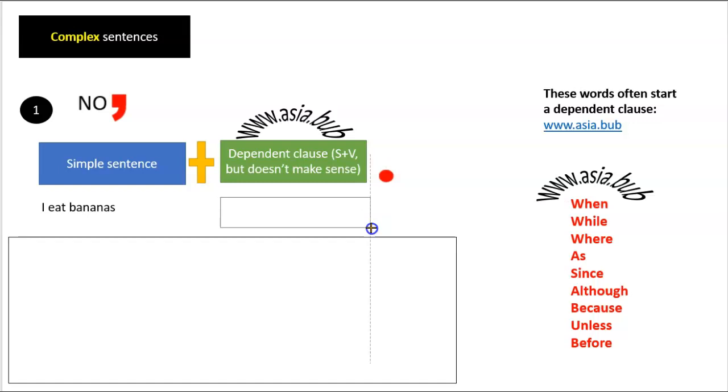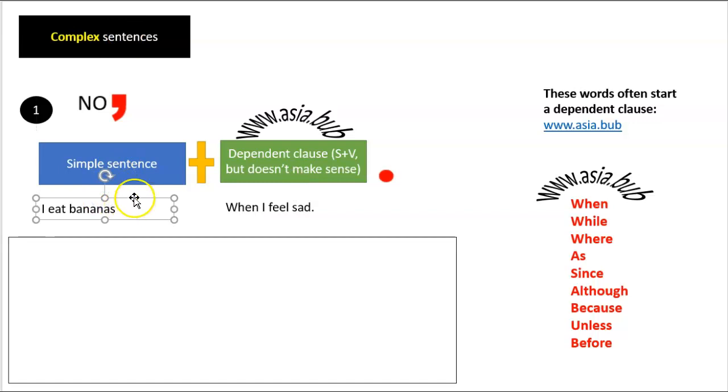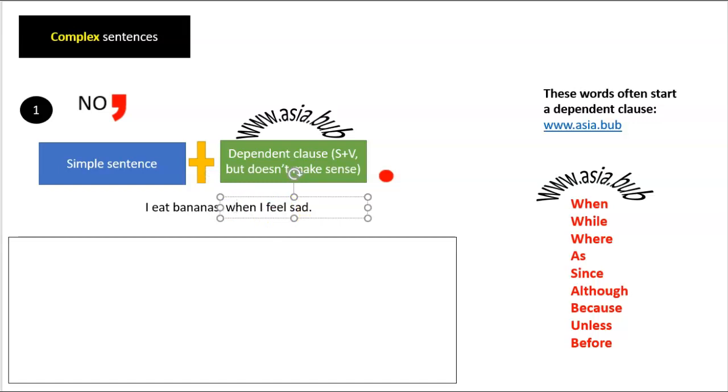I'll use "when." "When I feel sad" is not an independent sentence by itself. It cannot stand on its own. If I got rid of the "when," it could, but I specifically added it in there because I'm trying to make a complex sentence. So if I put these two together, "I eat bananas when I feel sad," I would not capitalize it, and I would not add a comma. Now I have a complex sentence.